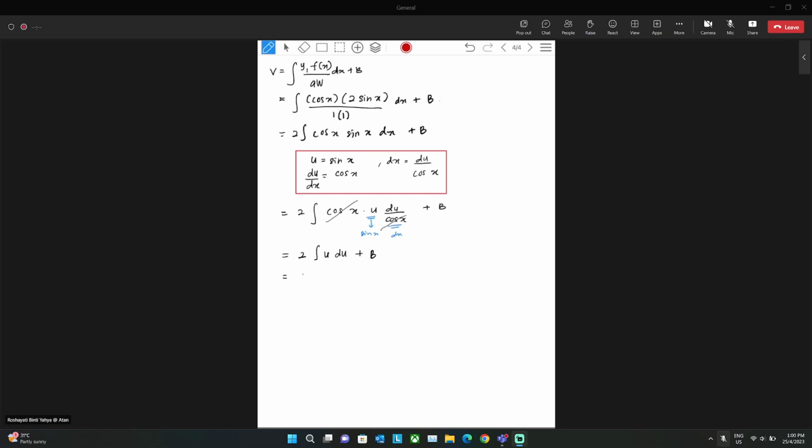So it becomes 2 integration of u, you will get u squared over 2 plus b. So u squared plus b. So v equal to u squared. u is sine, so sine squared x plus b. This is your v.